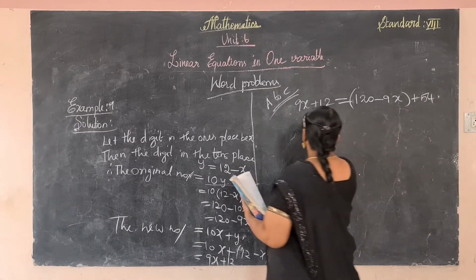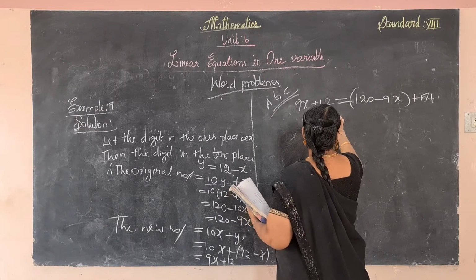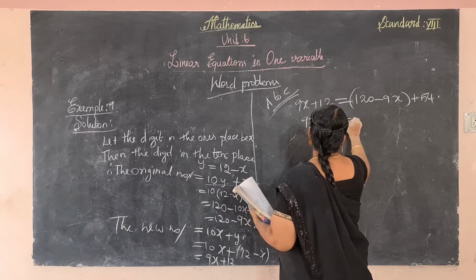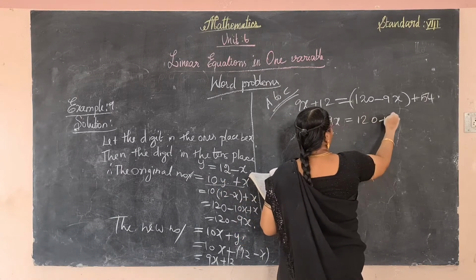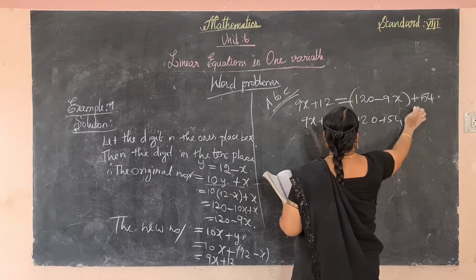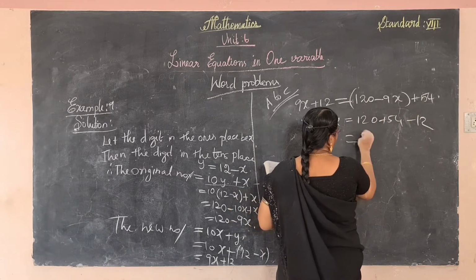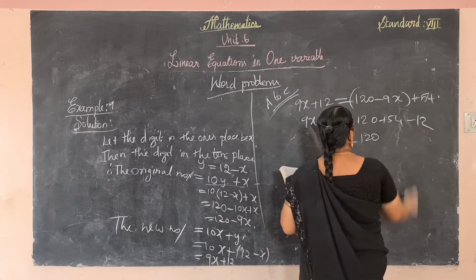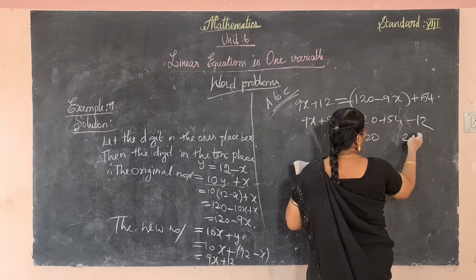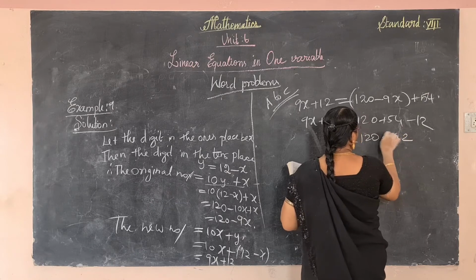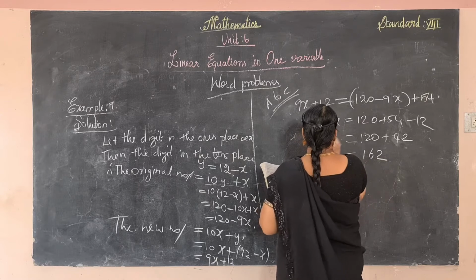Now bring 9x to this side, plus 9x. Here 120 plus 54, minus 12, the 12 comes to this side as minus 12. So 120, subtract this value, what do we get? 162, adding the values, 18x.